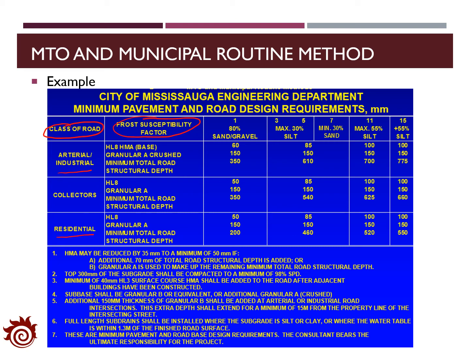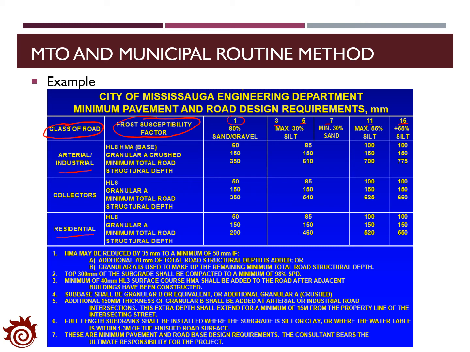Also, based on the subgrade materials, we need to check the frost susceptibility for the design. And the frost susceptibility factor will be categorized as 1, 3, 5, 7, 11, and 15. In this design, we will need to provide the class of the road and the frost susceptibility factor to identify the thickness of the hot mixed asphalt layer and the granular A base layer.